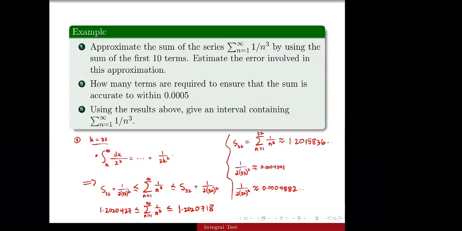So this guy here is between this number and this number. So that's an interval for the sum of 1 over n cubed.